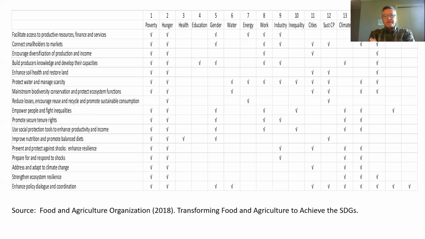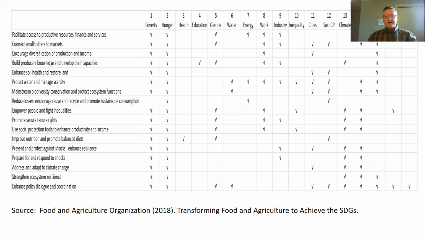And as you can see, I went through each of these and ticked off what this 2018 publication of FAO said were the main links to food and agriculture. So for food and agriculture, especially for those of you working for the Sustainability Council, you can see the different things you could pick up relative to food and agriculture and the links with the SDGs.